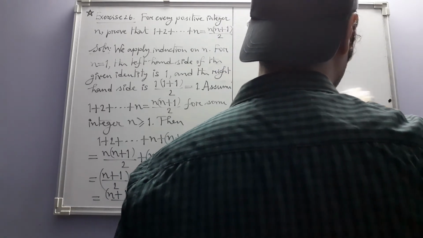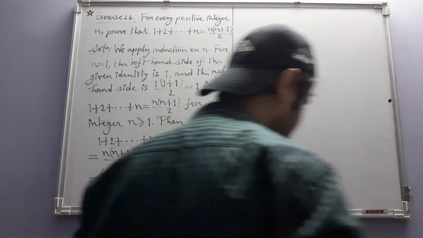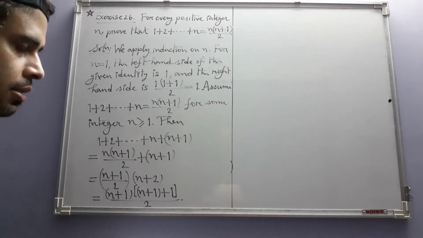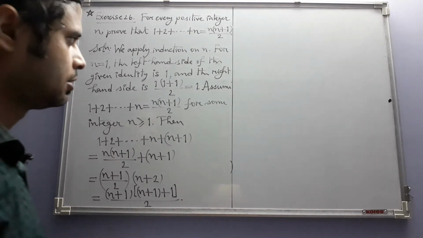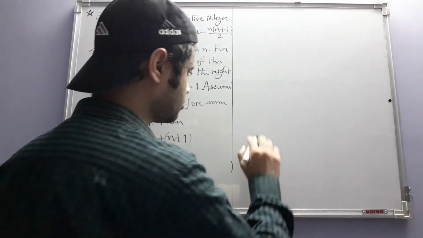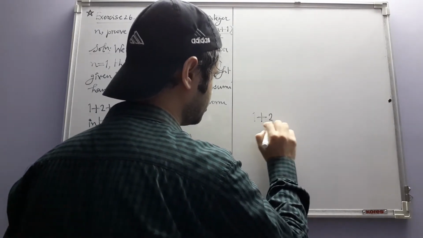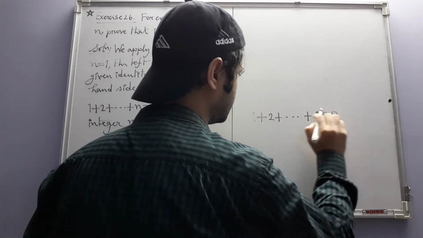This identity actually comes from an observation of the mathematician Carl Friedrich Gauss when he was a student in elementary school. The teacher asked all the students to calculate this sum.